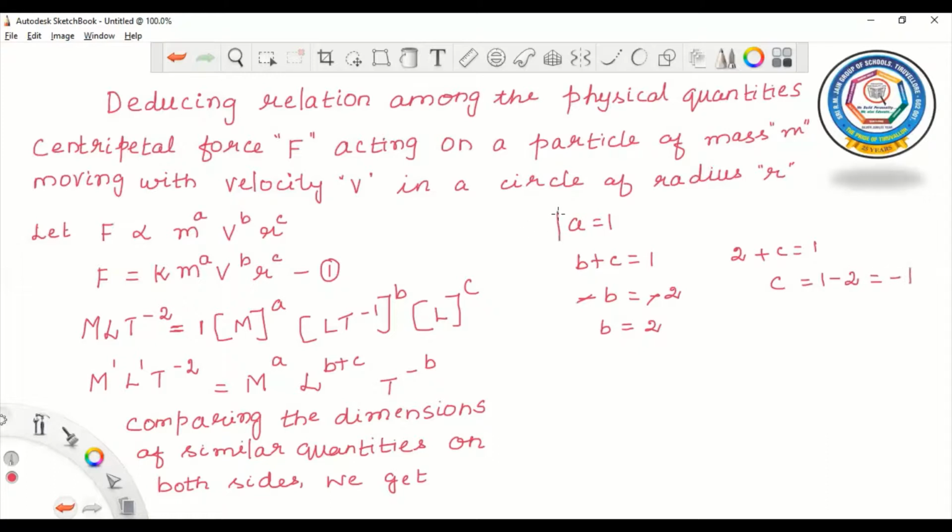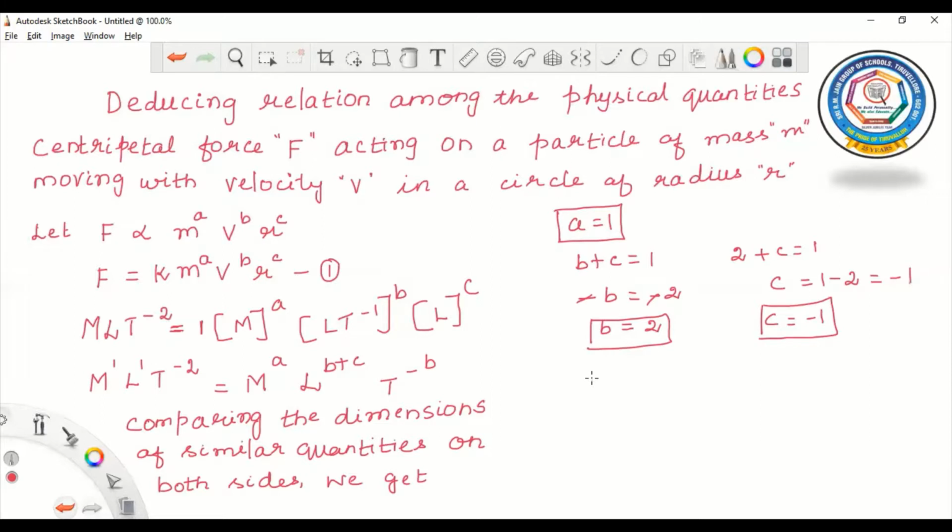So these are the values of a, b and c, and all these values are very important. What is the value of a? 1, b is 2 and c is minus 1. So we are going to substitute all the values in our first equation.